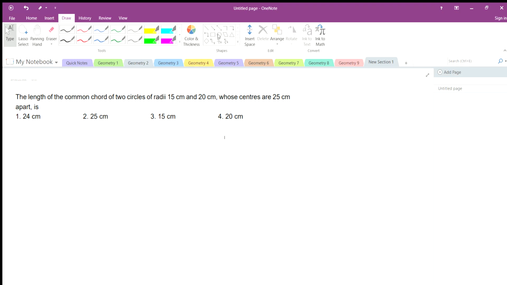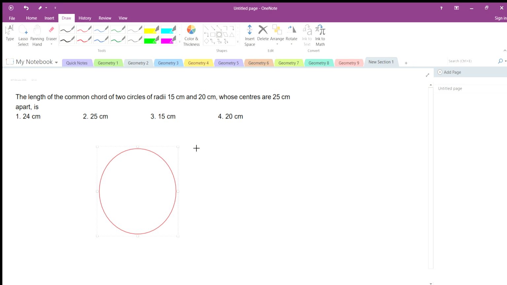So let me first draw the diagram, so this will make things easier to interpret. Since the two circles have a common chord, definitely the two circles must intersect each other, right?